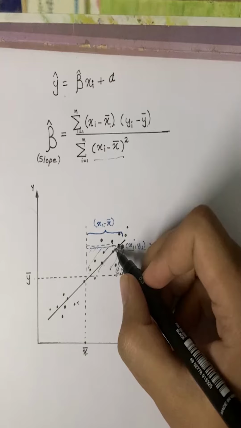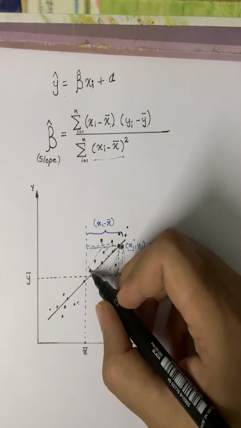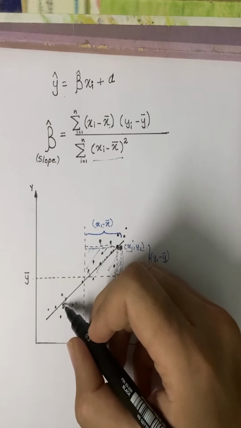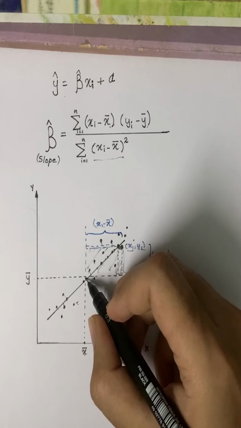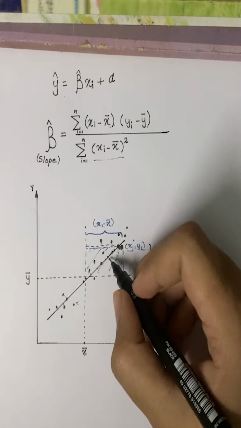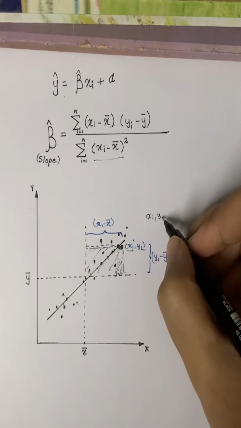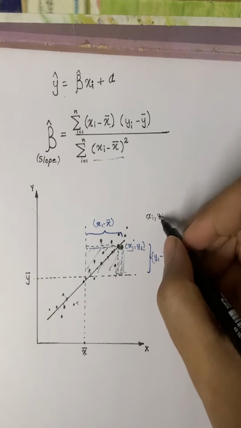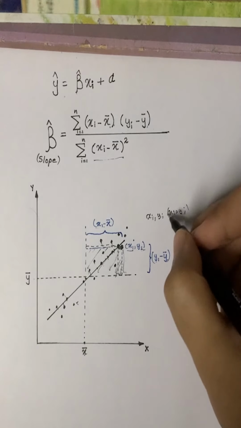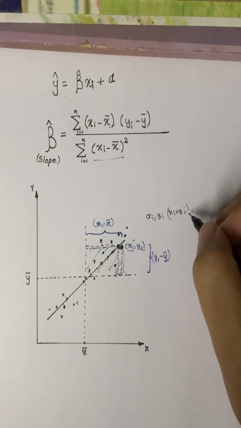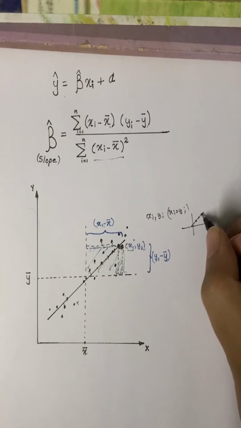Then it becomes a linear line which crosses through 0, and the points will become xi and yi, where xi equals yi. So the x and y coordinates will be the same.